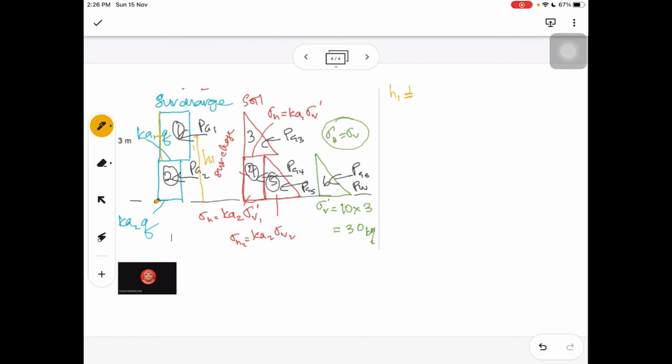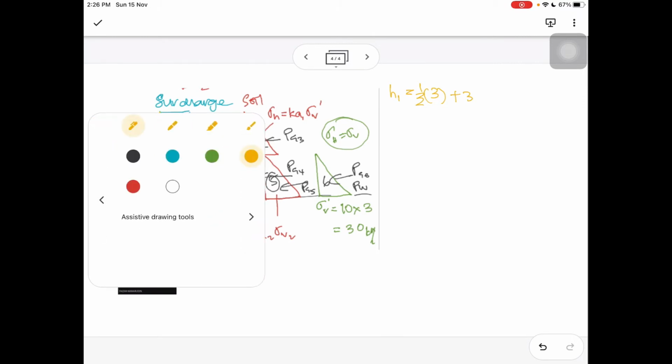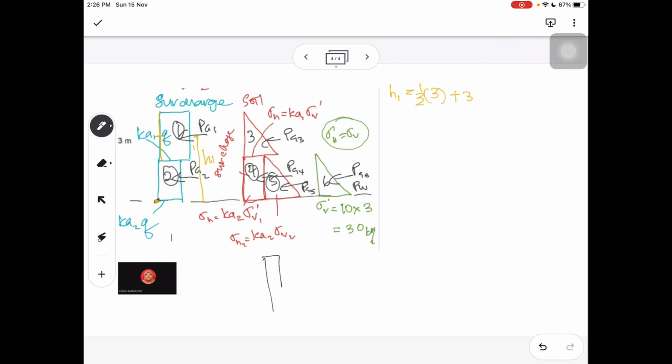H1 is equal to half of 3 plus 3. Remember the wall is 6 meter height.